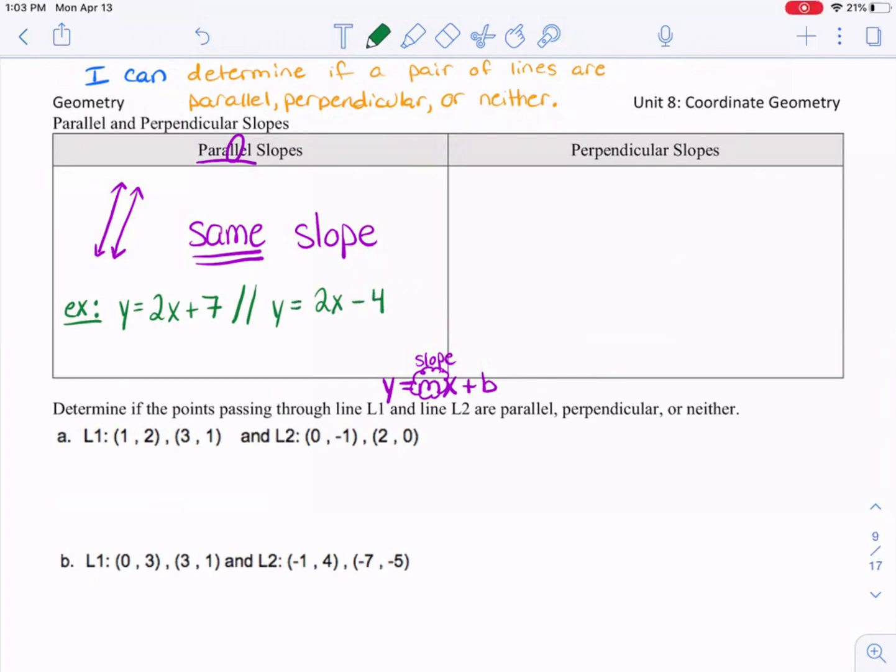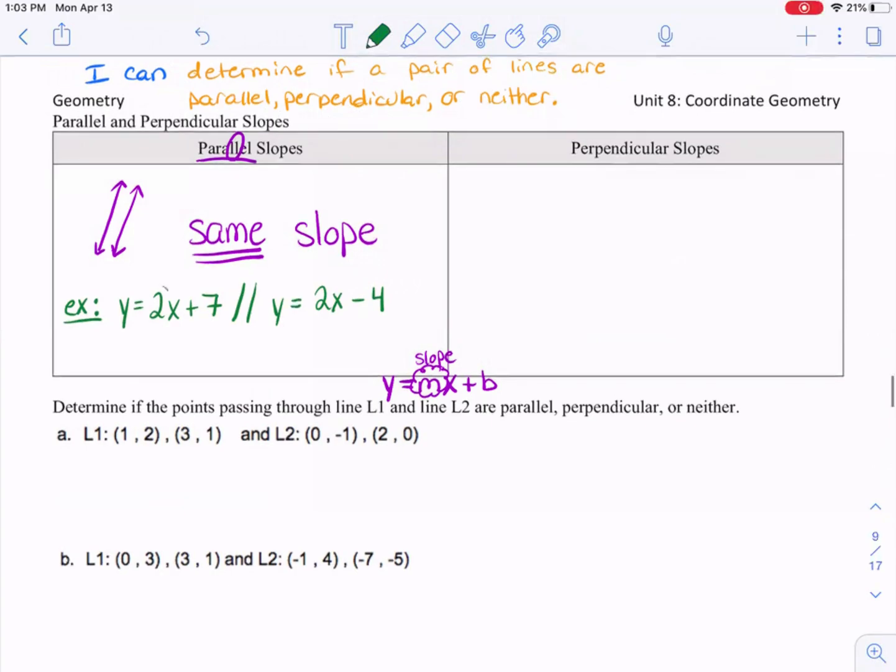Notice the value in front of the x for both equations is a 2. Therefore, we can determine that this pair of lines is parallel. You can pause this video as needed if you would like to write down notes.